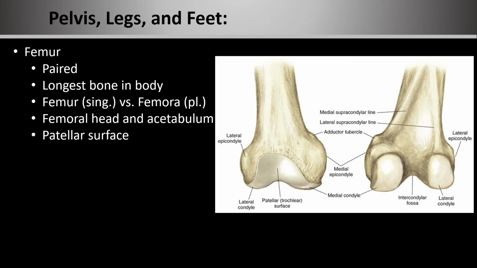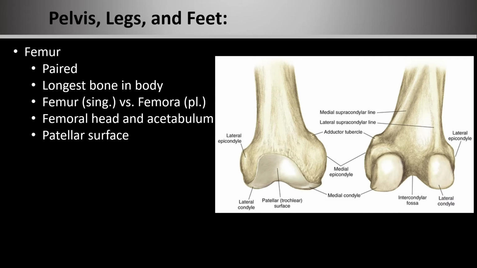When we stand just relaxed with our feet below us, our knees are actually kind of slightly below and a little closer to each other than the femoral heads. So we have a little bit of an angle on the femora. All right, so this is pretty important.